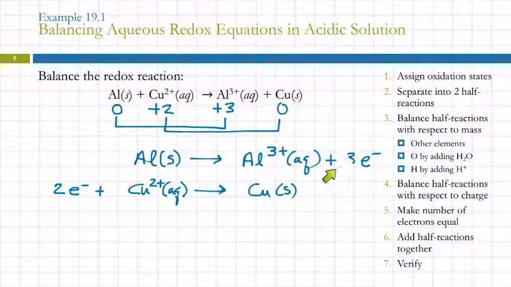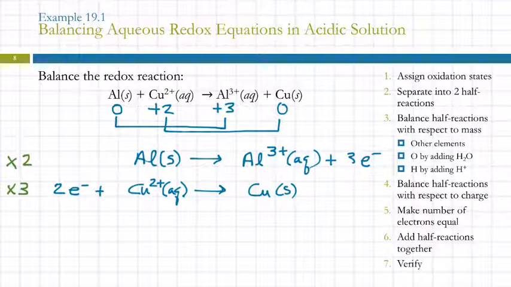If I multiply this by 2, I'll get 6 electrons. If I multiply this by 3, I'll get 6 electrons. Then I've got 6 electrons being released, 6 electrons being gained. They just go directly from one to the other, and they don't have to show up in the equation anymore. Because I sometimes forget what I'm multiplying by, I'm going to multiply this equation by 2 and this one by 3.